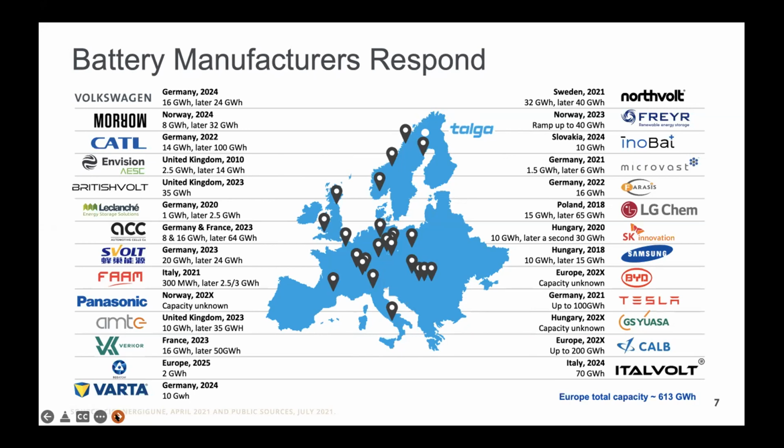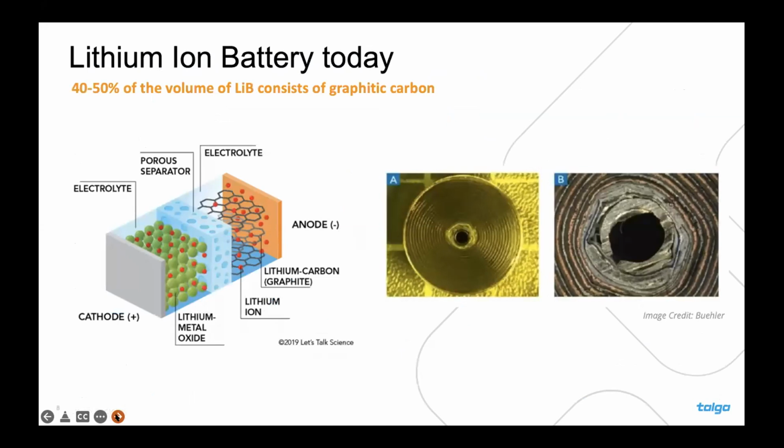So what is it that needs to be supplied to batteries, and how does graphene fit in? Here is a basic diagram. The lithium-ion battery, which is at the moment the most sought after battery type, particularly for electric vehicles, for mobile electronics, and so on, consists of a positive electrode, which is the cathode, that has a metal layer on aluminium.